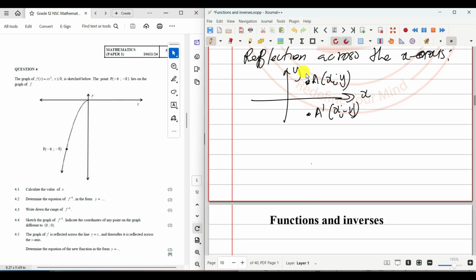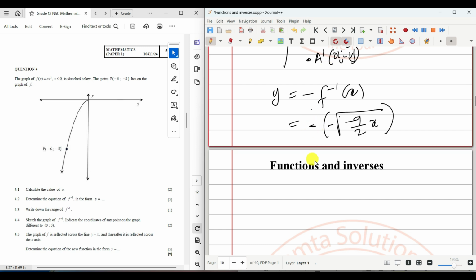So what we're going to do here, we're going to say now y is equal to negative f inverse of x. What is it? Negative... as you can see, the negative and the negative become a positive. So this is negative 9 over 2x. I'm just going to write a plus here.